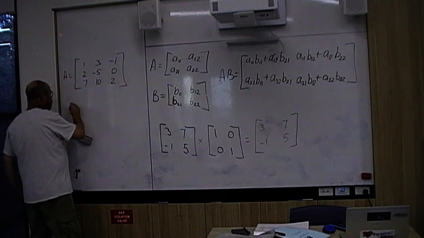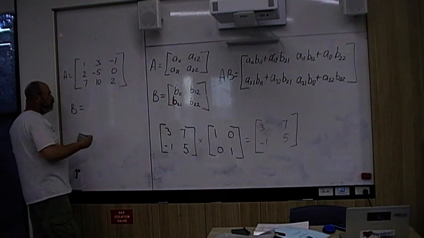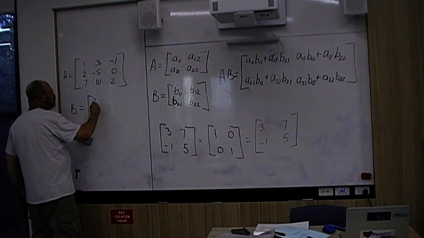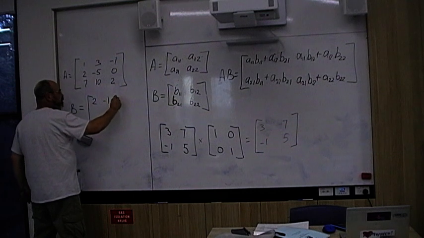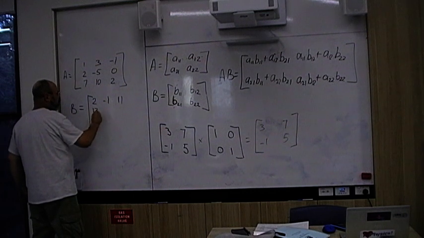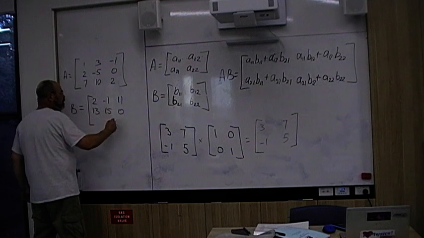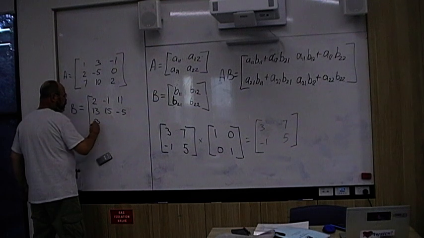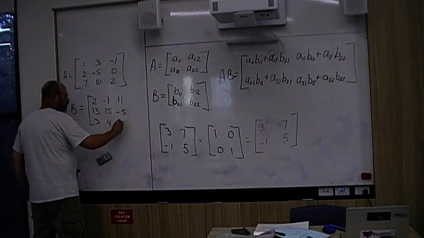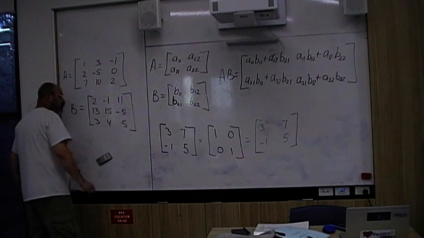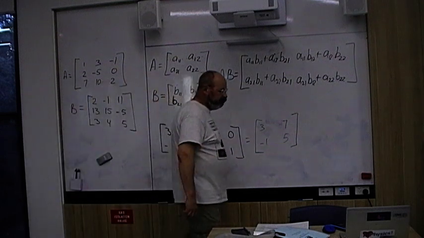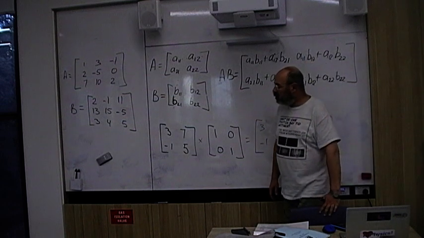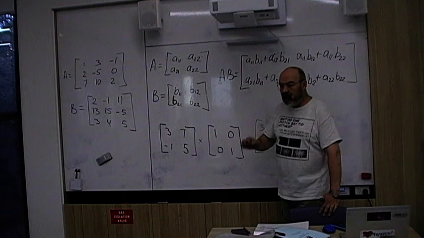And matrix B equals 2, minus 1, 11, 13, 15, 15, minus 5, 3, 4, 5. Create them in your calculator and multiply matrix A by matrix B.